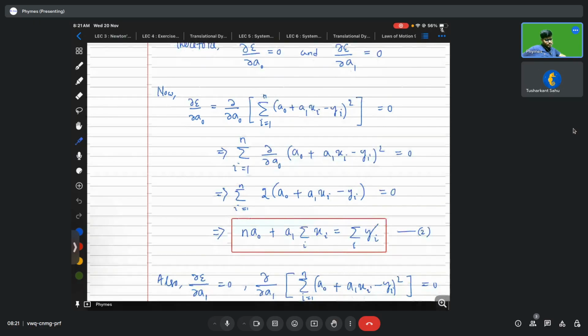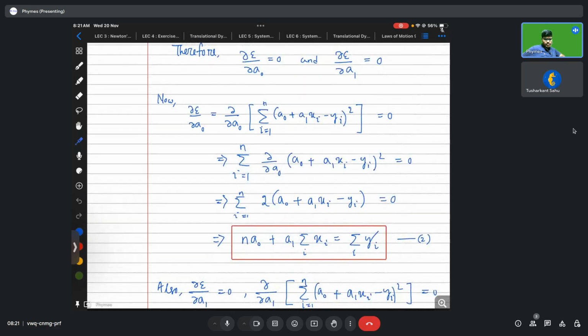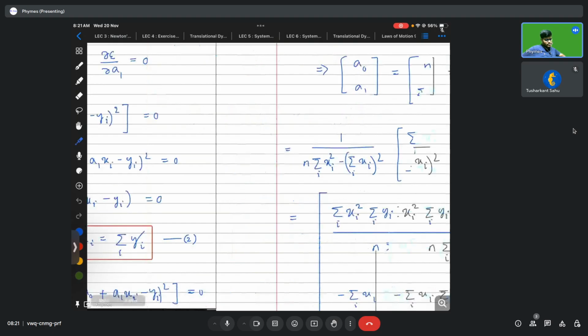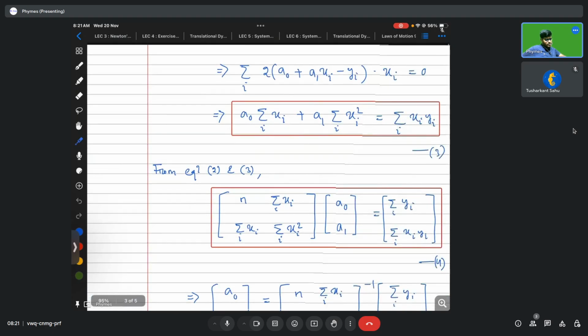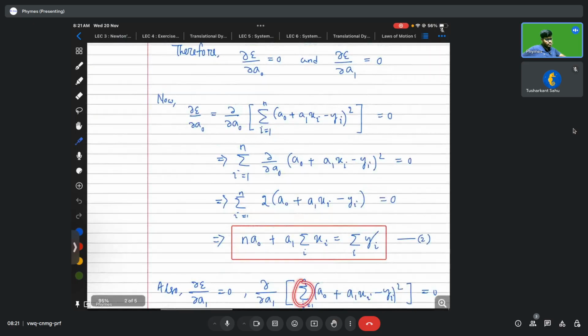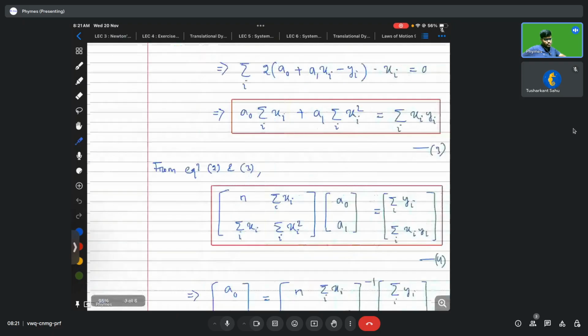Yeah. Now take the derivative of this error function with respect to a1, right? Take the summation symbol outside and take the partial derivative of this function again with respect to a1, not a0. If you take the derivatives, it will be like this, and there is just this term here, xi, that comes from the partial derivative of this term, and the partial derivatives of other terms will be 0, right?